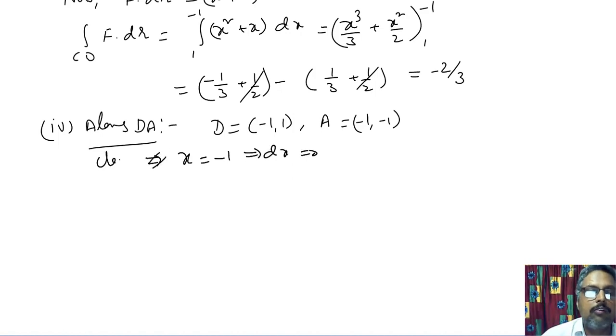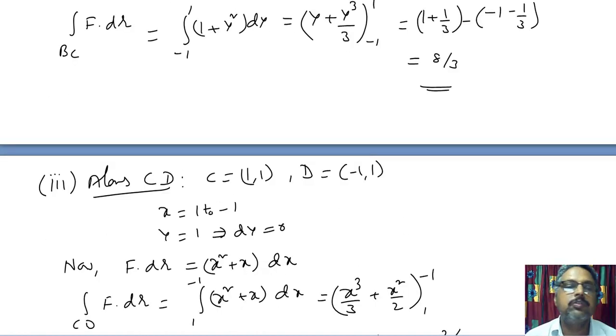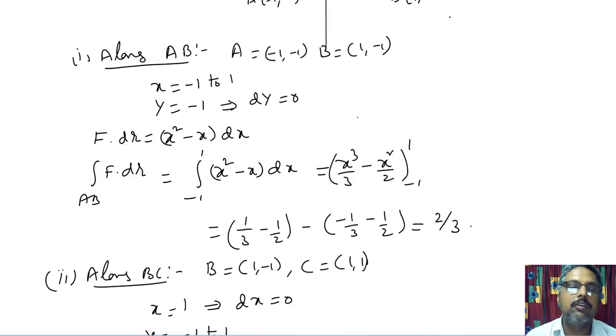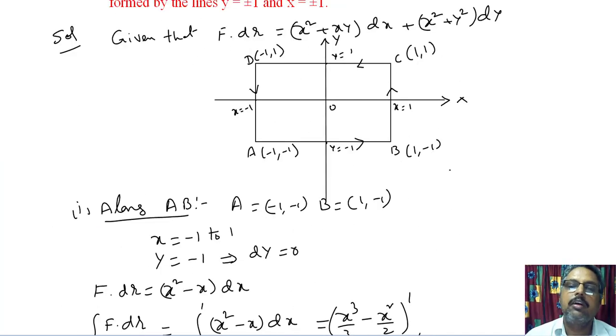So what is F dot dr? Since dx is 0, the first coefficient is 0. With x equals minus 1, we get 1 plus y square dy.